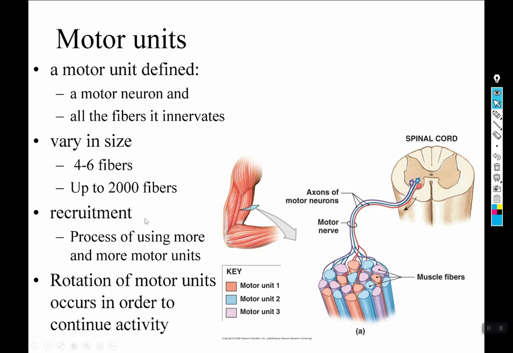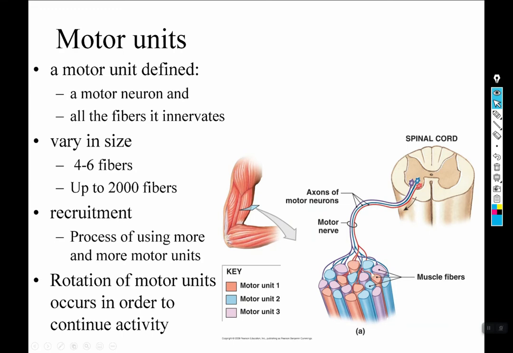So for example, if I have this, which is an entire muscle organ, which is the biceps brachii, and I have motor units 1, 2, and 3, where we have 3 motor neurons, and each of them are innervating 1, 2, 3, 4, 5, 6 muscle fibers, for example.